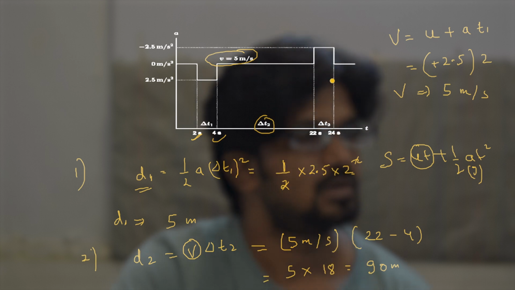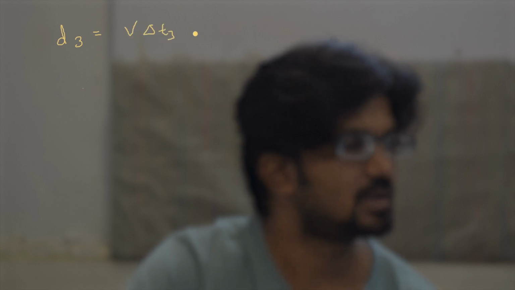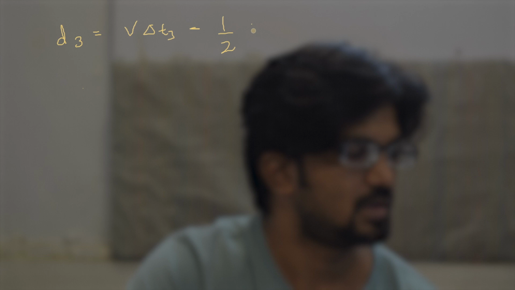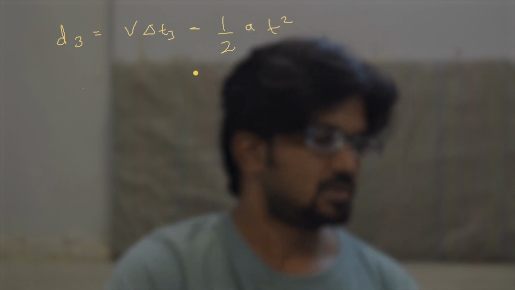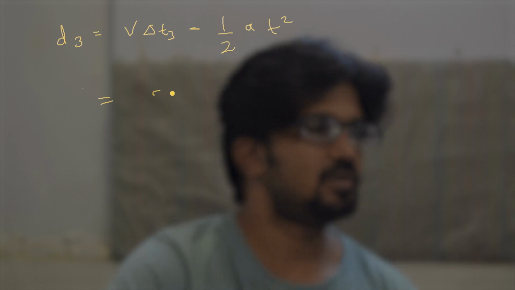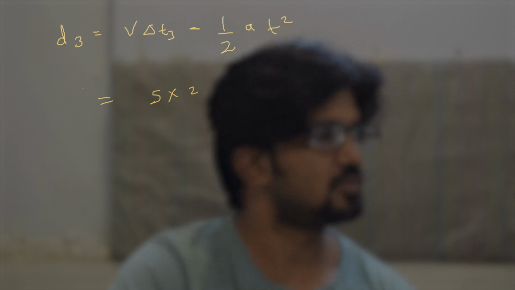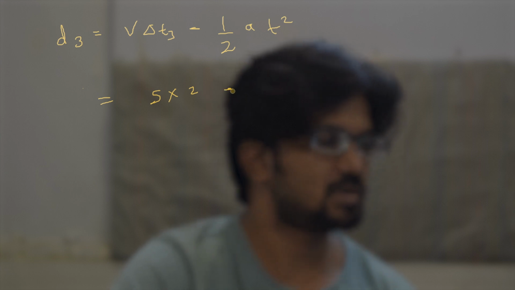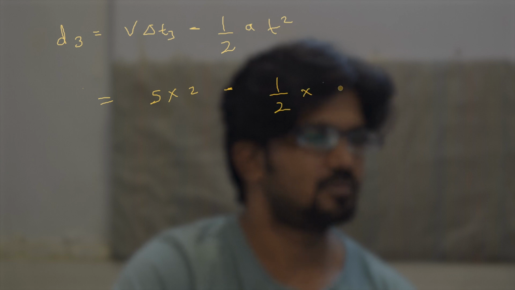Now for the rest of the part, we can also calculate the d3 value, which is v delta t3 minus half of a t squared. So we can calculate 5 meters per second into 2, minus half of 2.5 multiplied by 2 squared.